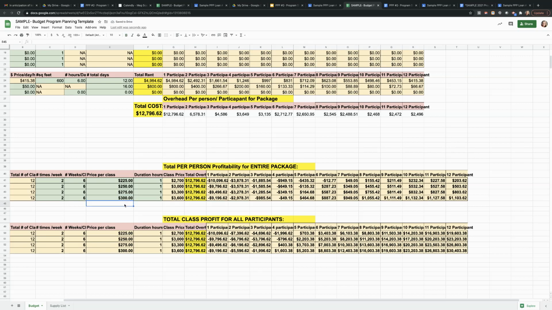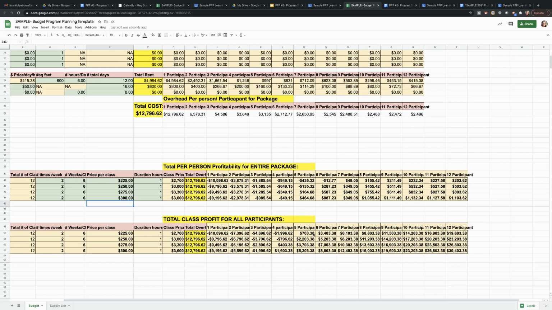Okay, we start making money when the camp gets to be seven participants. And so this is the price per person profitability, and then you look down here at what happens when we start adding profitability for the campers.